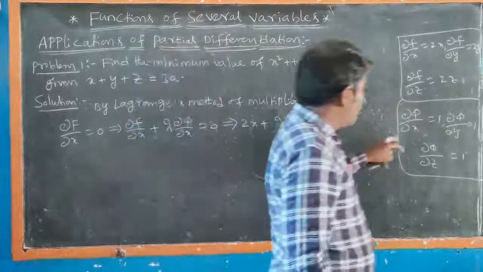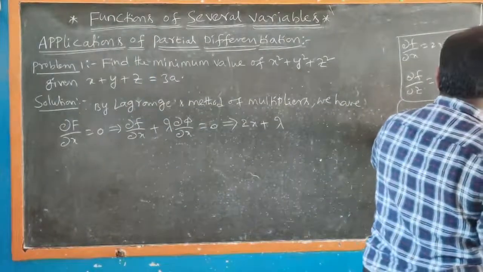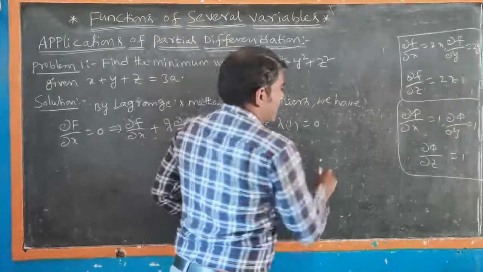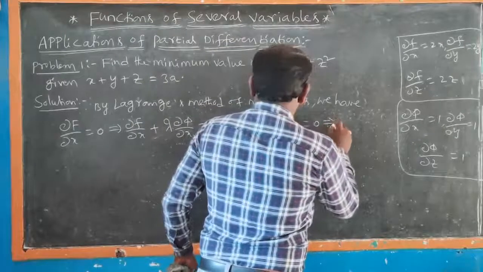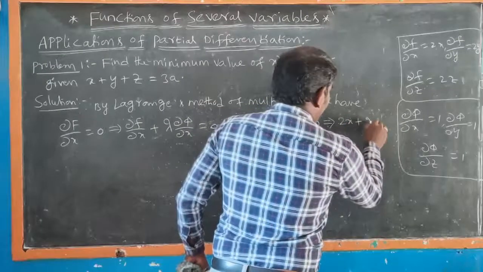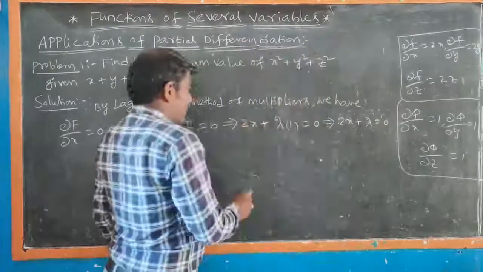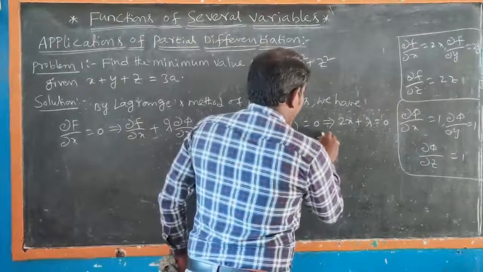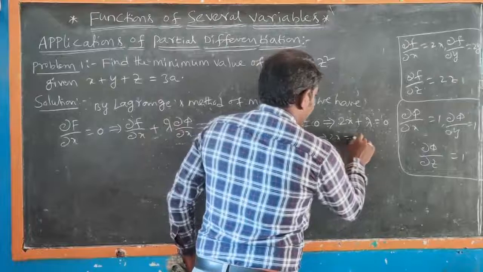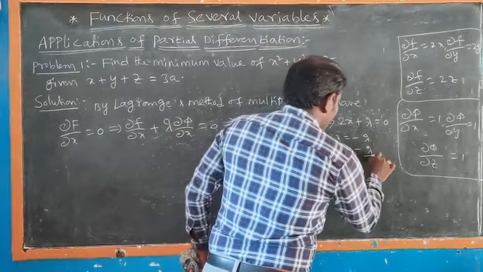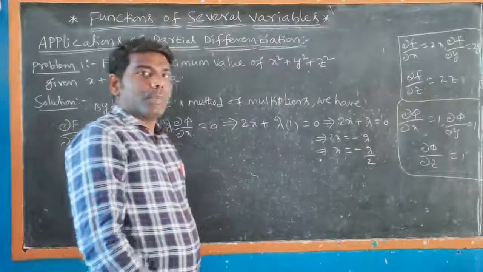What is the value of ∂φ/∂x? 1, is equal to 0. So finally that implies 2x plus lambda is equal to 0, then that implies 2x equal to minus lambda. That implies x equal to minus lambda by 2.